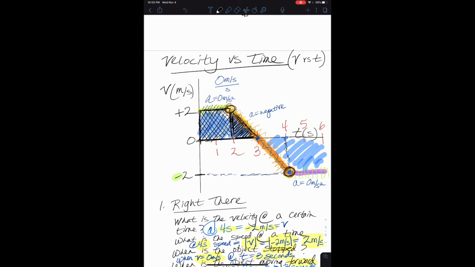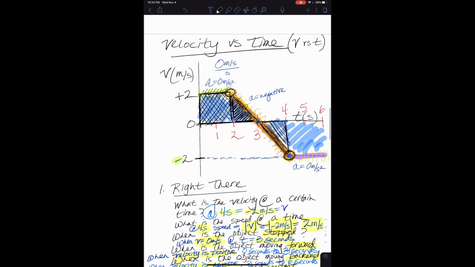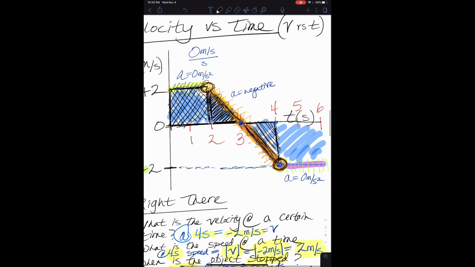Another triangle right here. And finally, another square right here.